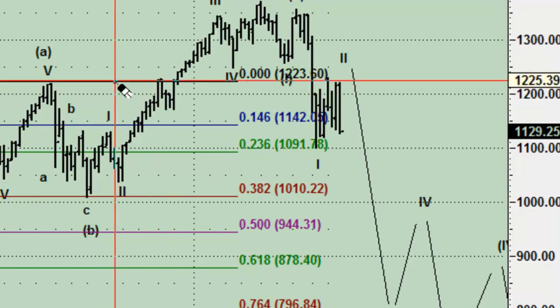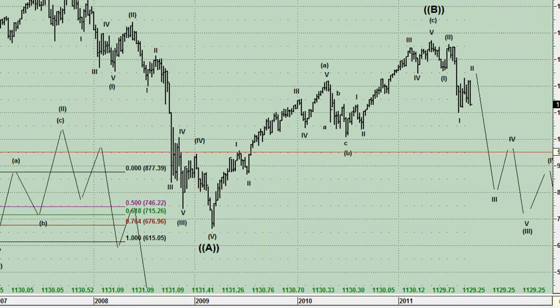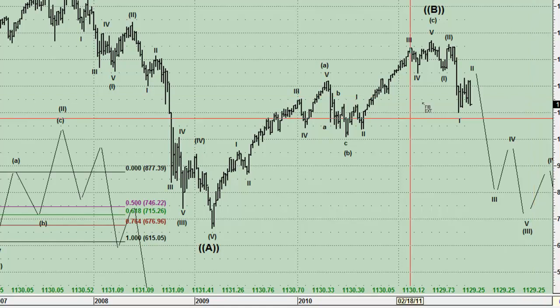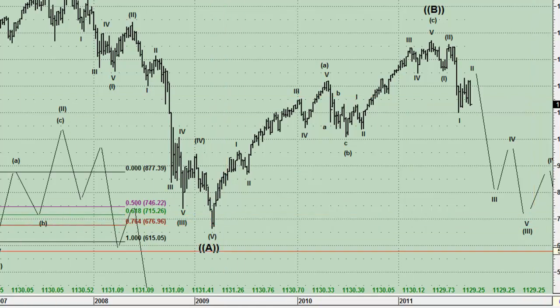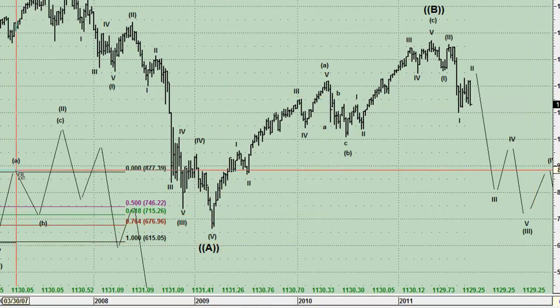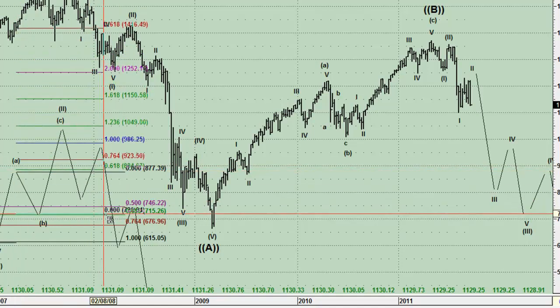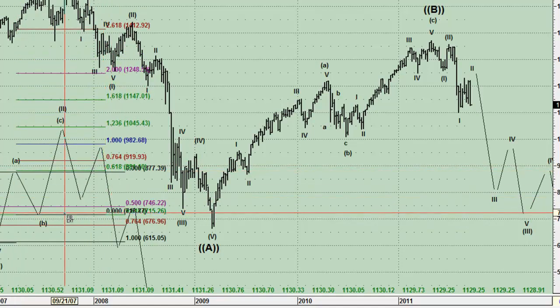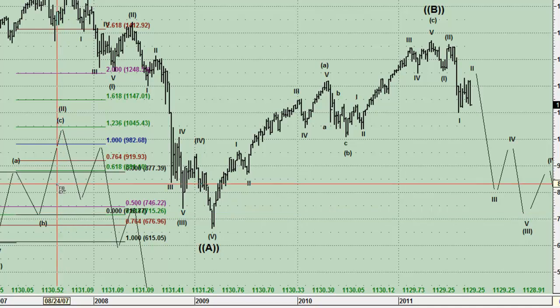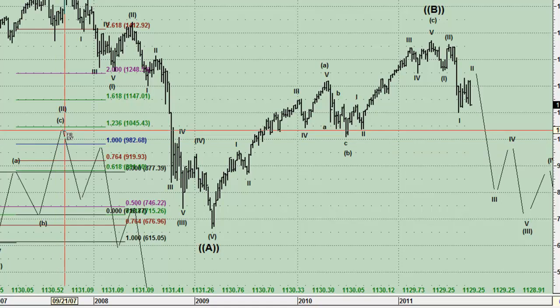Now, what is your limit in this wave C trade? First, you measure wave 1 and you put it on the top, and then you're going to take profit at the equal leg, and then after that you're going to go to the 1.236.